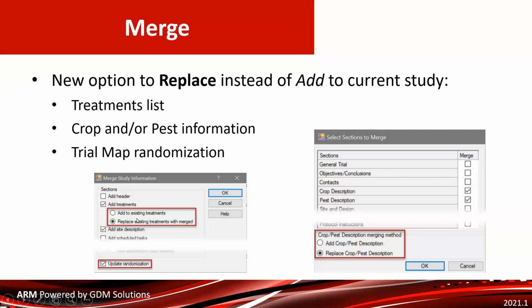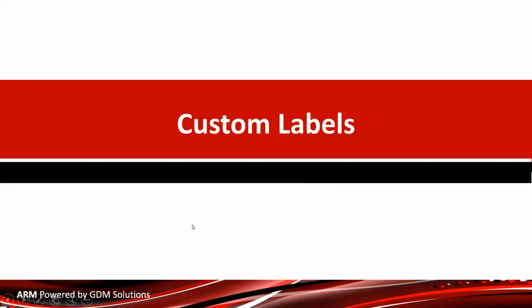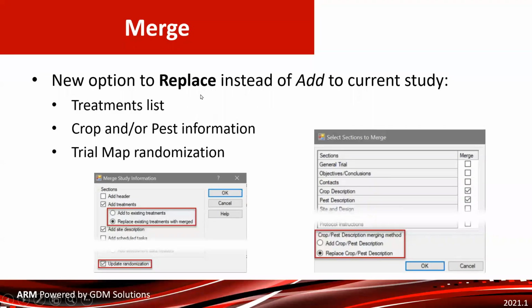We teased this one earlier a little bit when we were showing feature highlights. The default action when merging from another study has always been to be additive, and it would never remove anything that you have entered in the current trial. Well, we added some options to be able to choose when something should be replaced in the current trial.